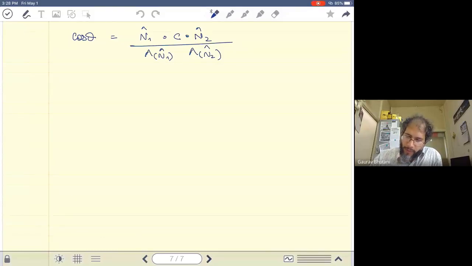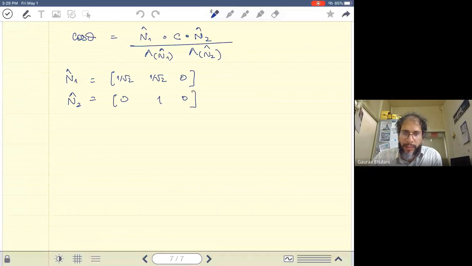All right, so we simply have to substitute. Our n1 here is still the same, 1 by root 2, 1 by root 2, and 0. And n2 is given as E2, so that is 0, 1, 0. We already know what C is, and we know what n1 and n2 are.